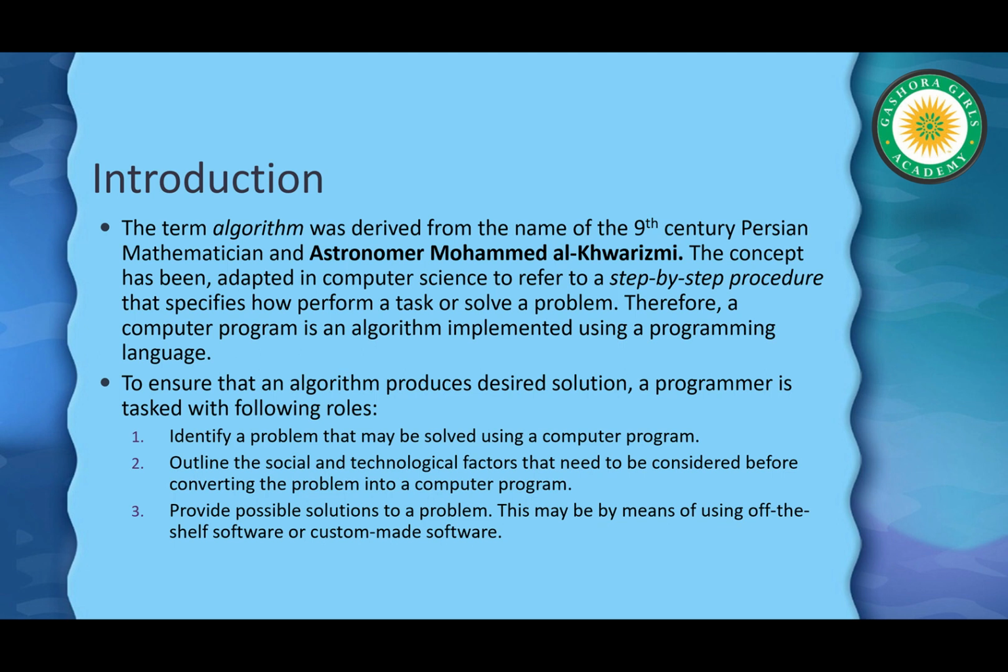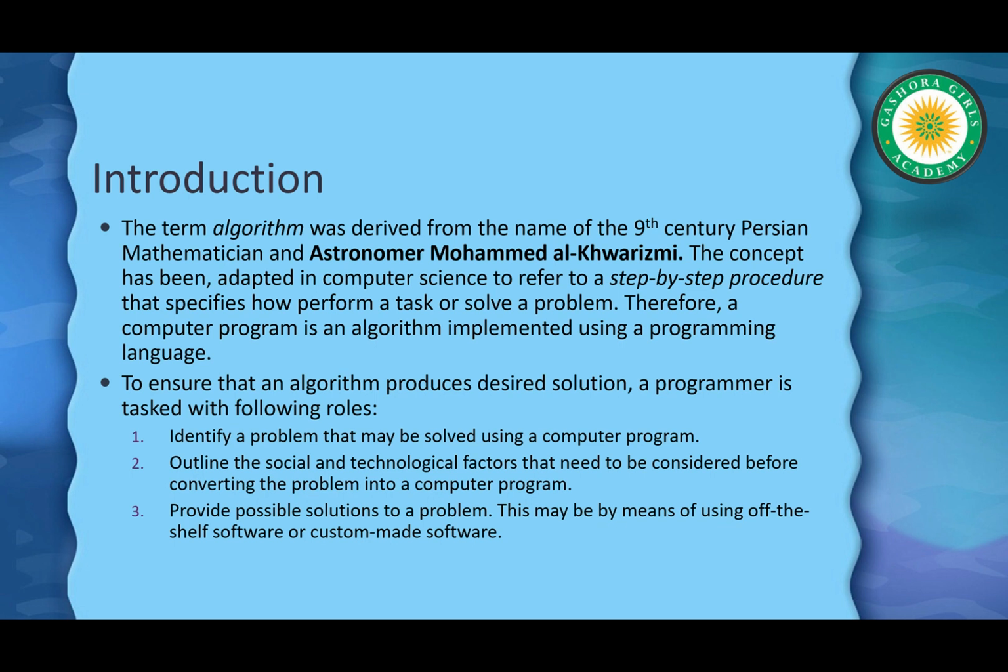What technologies are you going to use so that maybe the program can be accessible to the society? So you don't have to write a program for the sake of writing a program. It has to be solving a social problem.